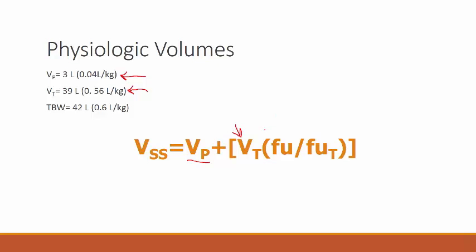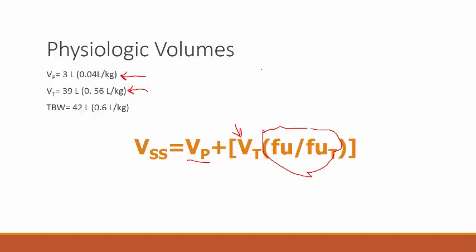So the things that are going to be changing are the fraction unbound in plasma and the fraction unbound in tissue, which is what will determine your volume of distribution at steady state. And again, if you add your volume of plasma and volume of tissue together, you will get your total body water, which in a 70 kilogram person is 42 liters, or 0.6 liters per kilogram.